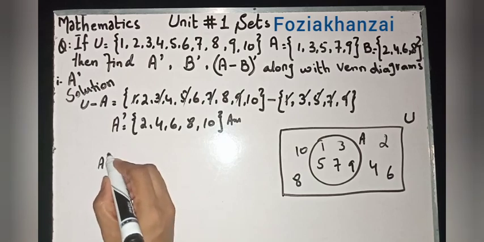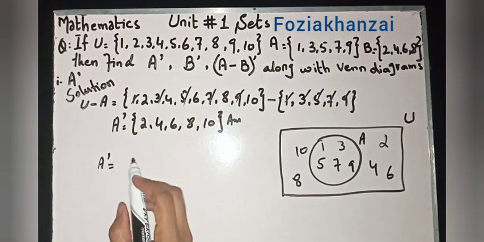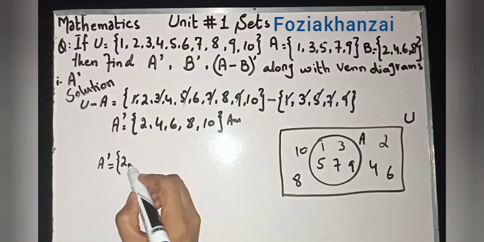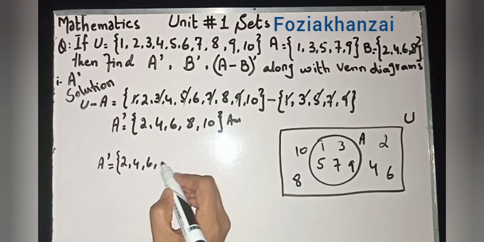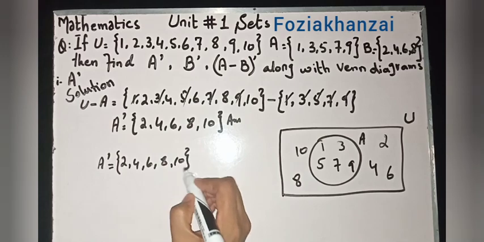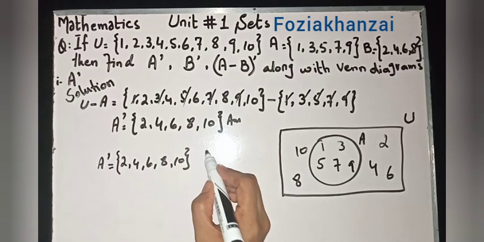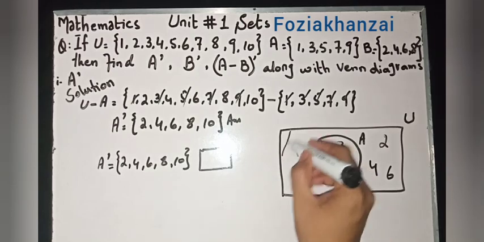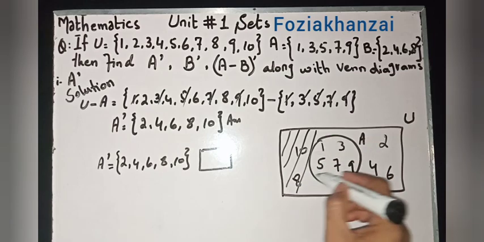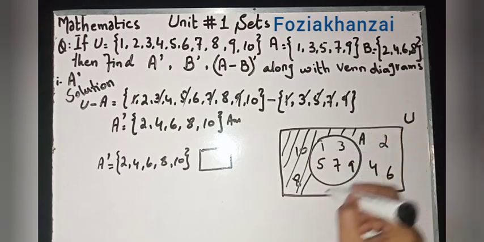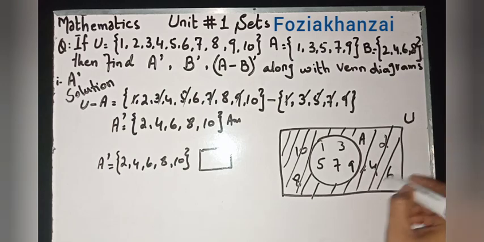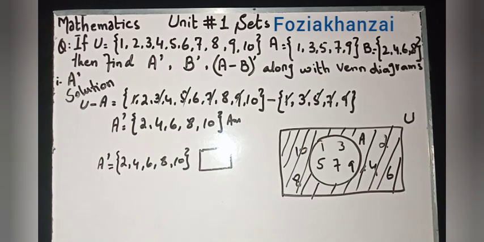A complement equal to 2, 4, 6, 8, 10. Represent by, it's up to you, draw slash side line, vertical line, horizontal line, apply pencil shade or blue color or shade.